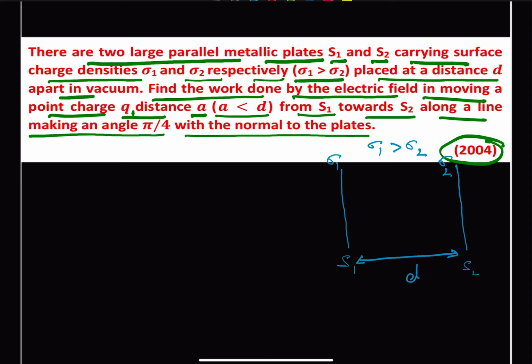So point charge q is moved a distance a from S1 towards S2, but it is moved along a line which is making an angle of pi by 4. So if this is our straight line, then the charge is moved at an angle of pi by 4.